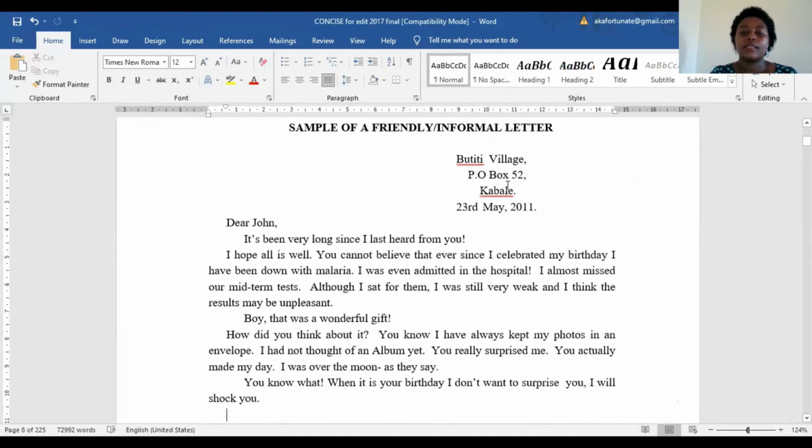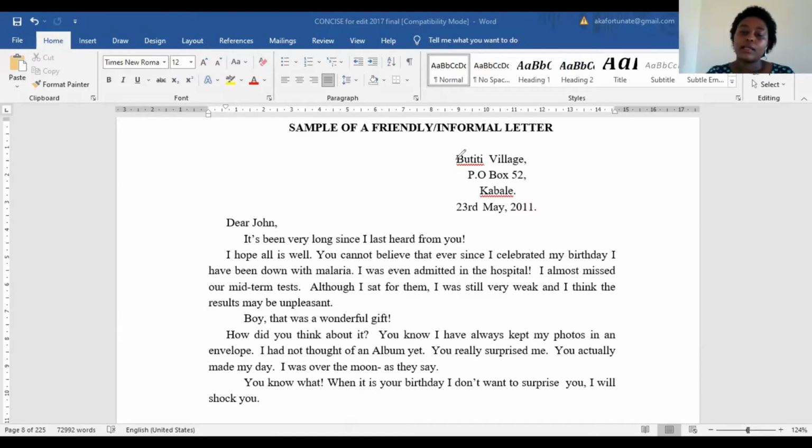As you can see, this is the address. Someone is from Butiti village. This is the box number. So what I was telling you is this is our letter. Like you see here, this is the address and it is slanting.